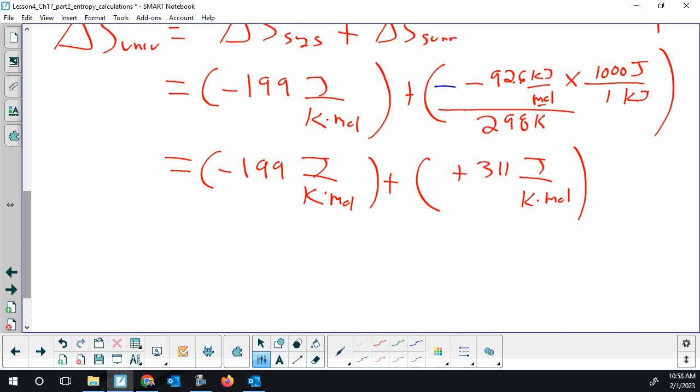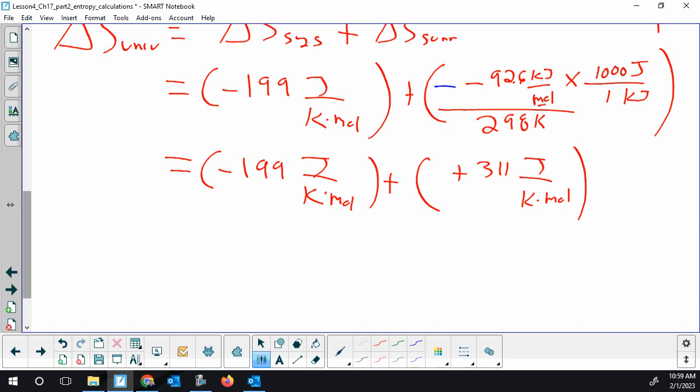But the reaction is so exothermic, there's so much heat being put out, that the disorder created in the surroundings, the 311, is enough entropy increase in the surroundings to overcome the decrease in entropy in the chemicals. So this reaction can happen under standard conditions. If this had a negative change in entropy of the universe, it doesn't matter what you do, it can't run.